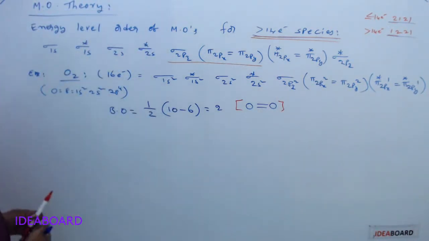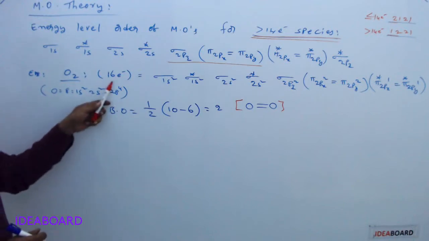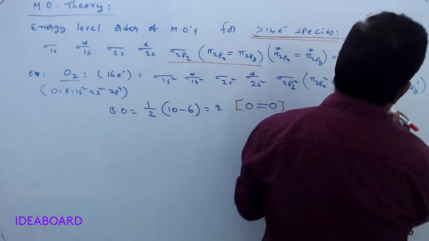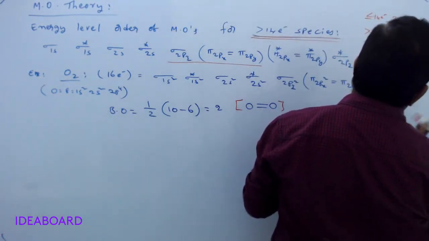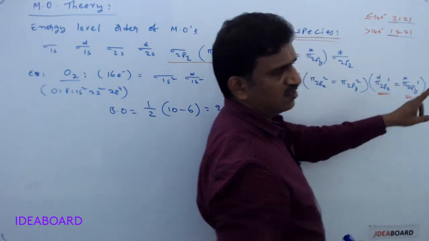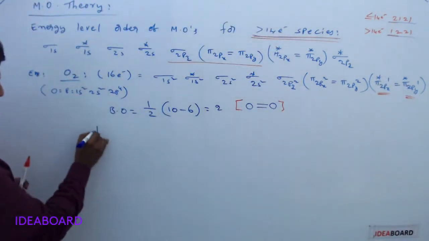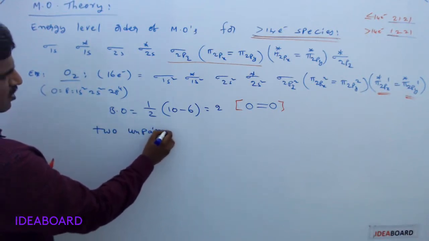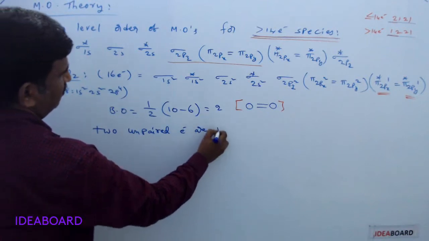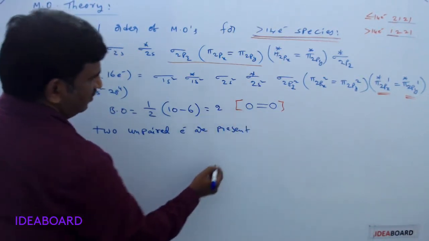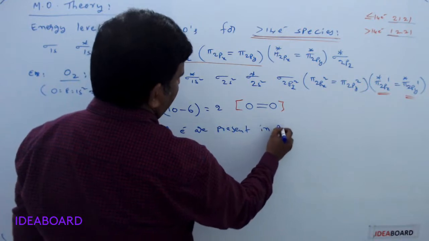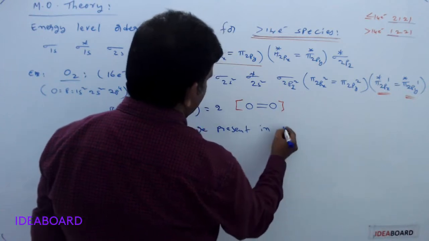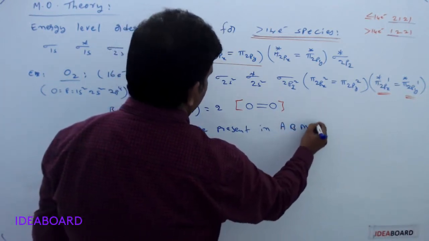Then what about magnetic nature? Generally, an even number of electrons means diamagnetic, but that is this theory only. In this diagram we can clearly say that there is one electron here and one electron here, so two unpaired electrons are present. Very, very important, these are in anti-bonding molecular orbitals, simply written ABMO.